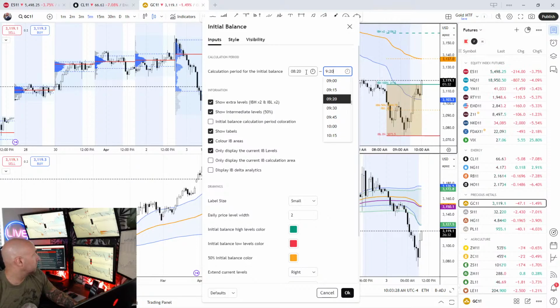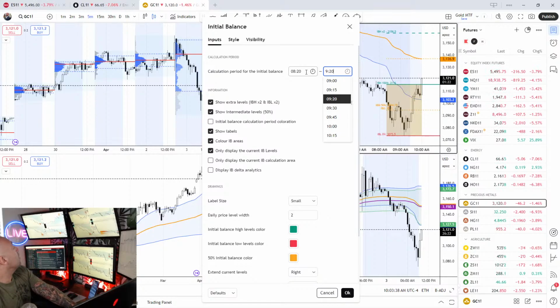Dow, Russell. Russell's down 5.3%, guys. 5.4%. Oil is down 7%. Silver's down almost 7%. Gold's down as well, 1.4%.